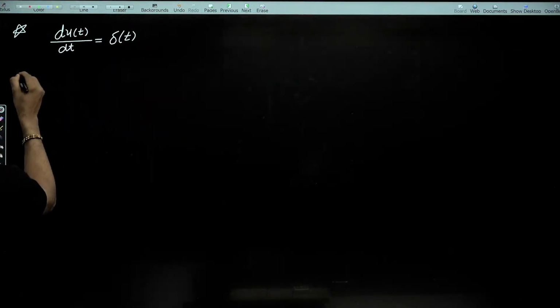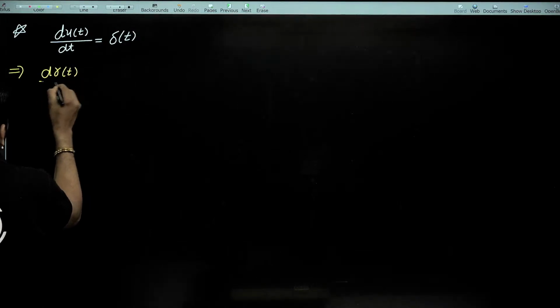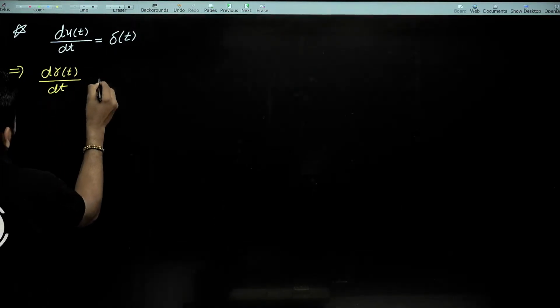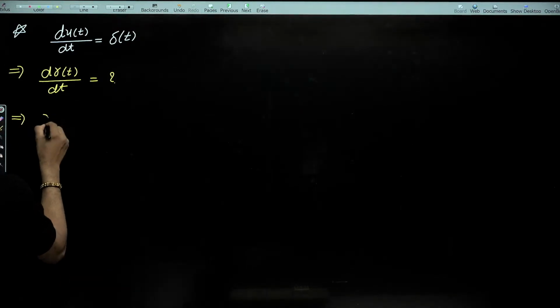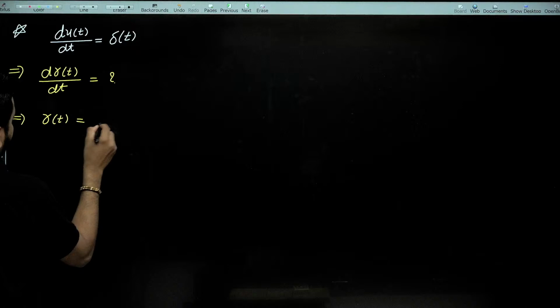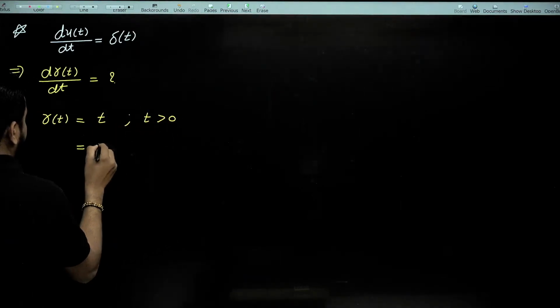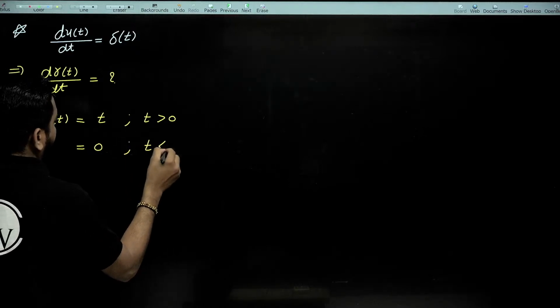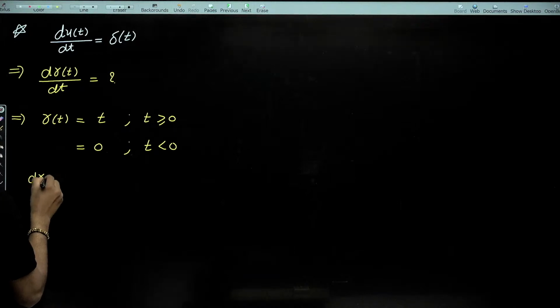Then what is the first order differentiation of the ramp function? Here r of t is nothing but t, guys, for t greater than 0, and it is 0 for t less than 0. Now differentiation with respect to t, guys.